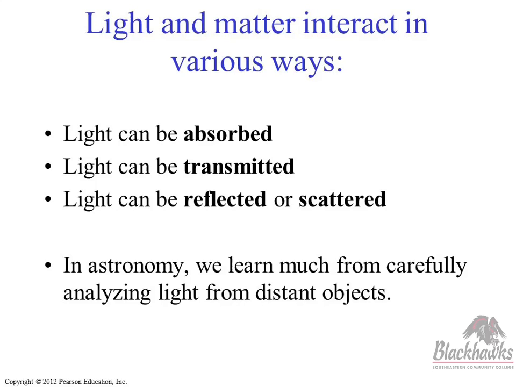So all matter is made up of atoms, right? We just talked about it. So you have a general idea of the structure of an atom. And I'll go ahead and correct this: when it says light and matter interact in various ways, instead of light, I'm going to say EM radiation.